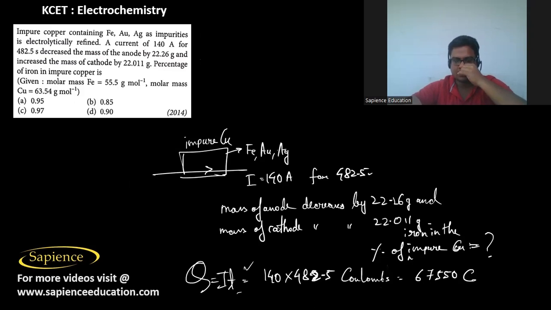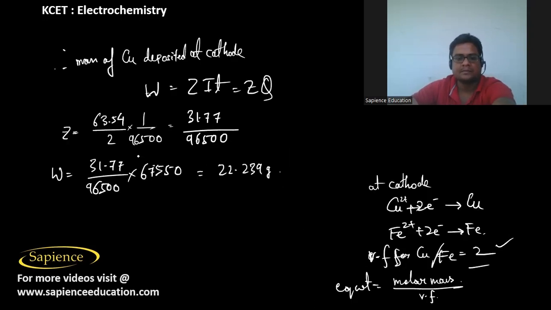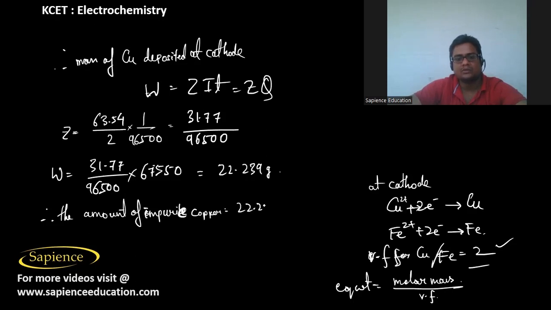is 22.011 gram. So therefore the amount of the impurities, or the amount of the impure copper, is equal to 22.239 minus 22.011 gram, that is equal to 0.228 gram.